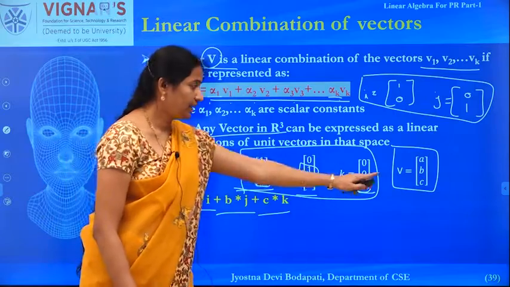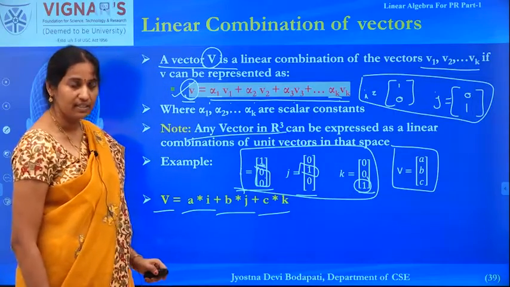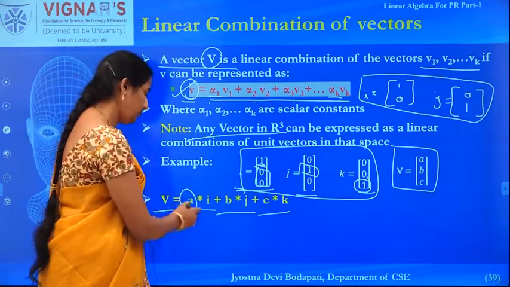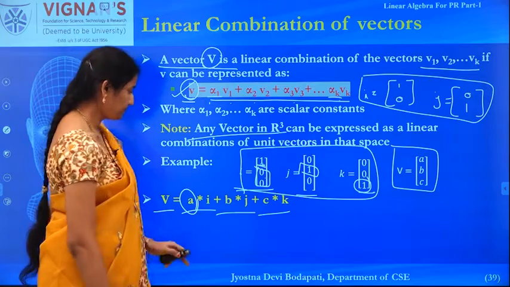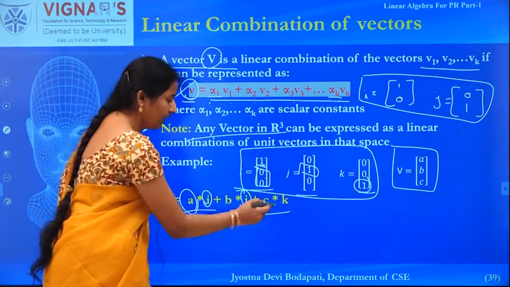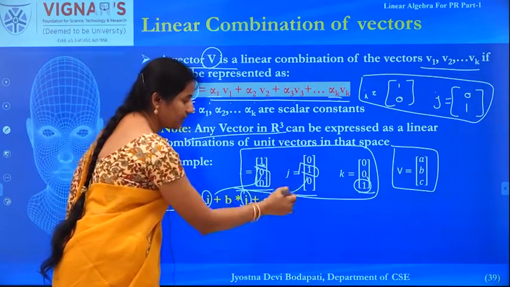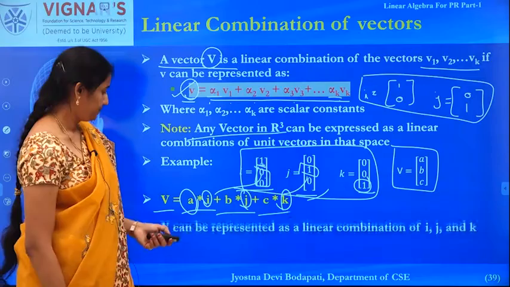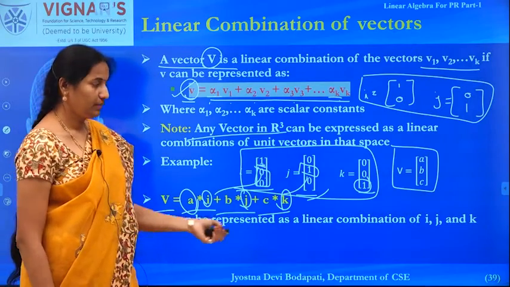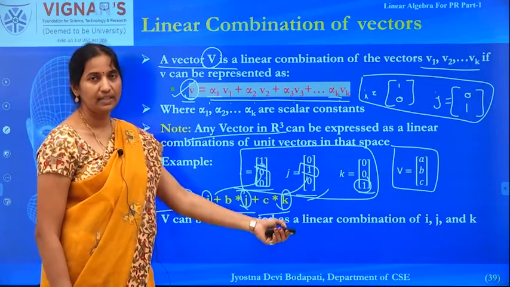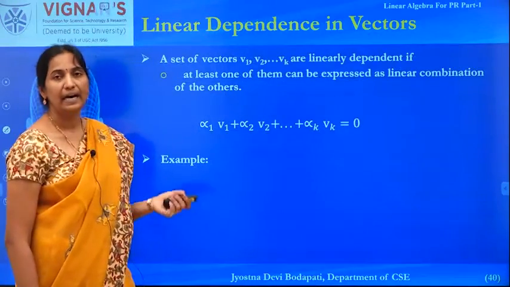That is how you get the original vector v itself. Here i, j and k are the unit vectors, so v is represented as a linear combination of the unit vectors i, j and k.